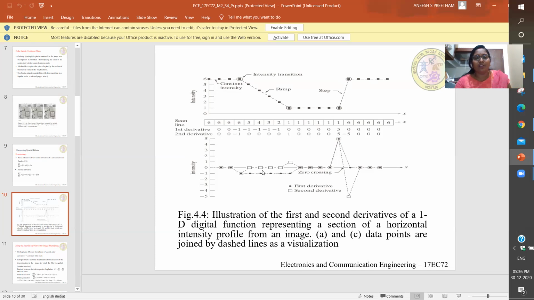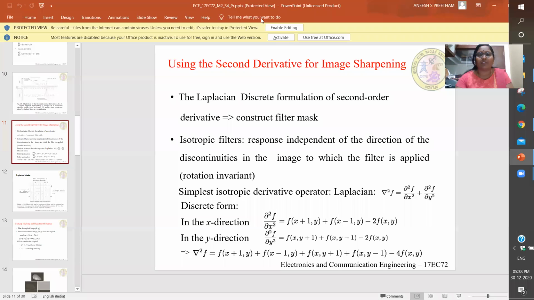Here 0 is there, 0, and the minus 1, 0, and 0. All of this will give plus 1 and 5, right? Sorry, here the 5 is there, minus 5 is there, and all zeros are there. So like this, we can go and represent the values.